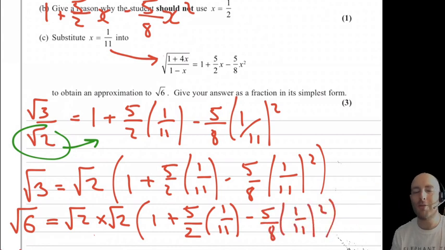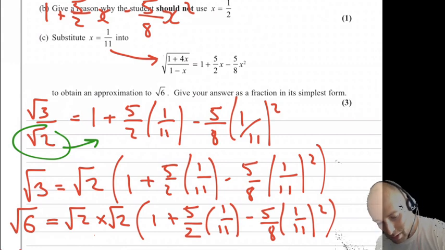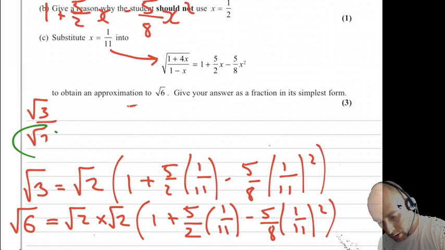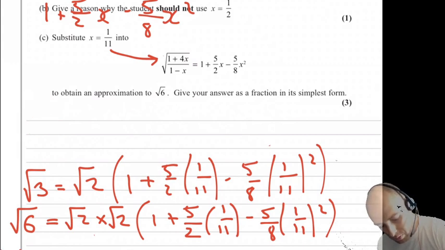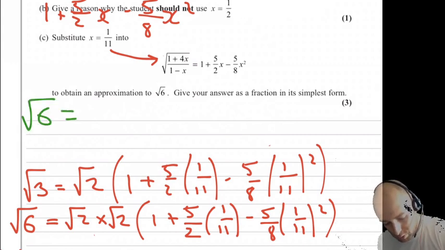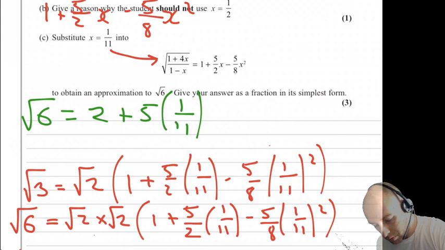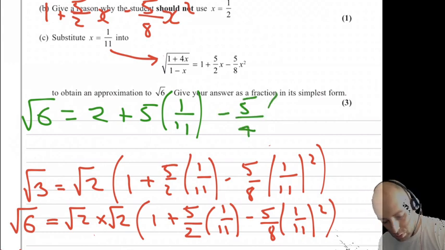Root 2 times root 2 is just 2. So if I expand it one last time up here in green, we're going to get root 6 equals 2 lots of, or equals 2 plus 5 times 1 over 11 minus 5 over 4 times 1 over 11 squared. So I've timesed that all by 2.